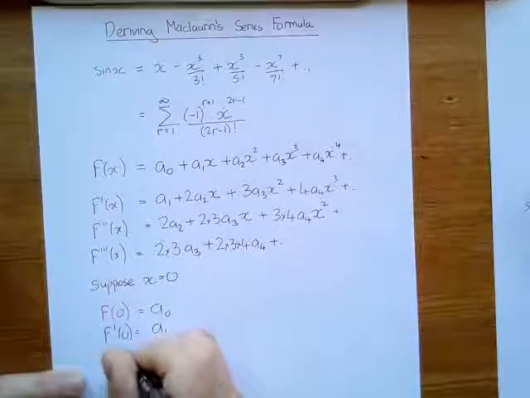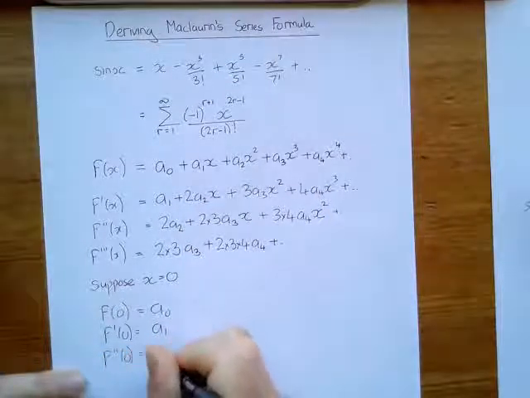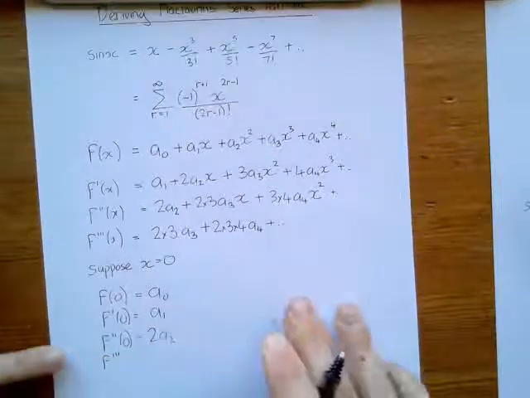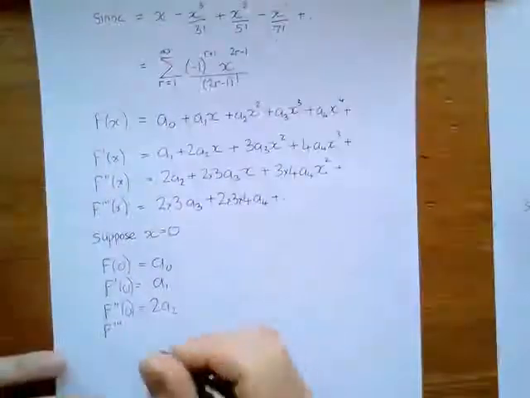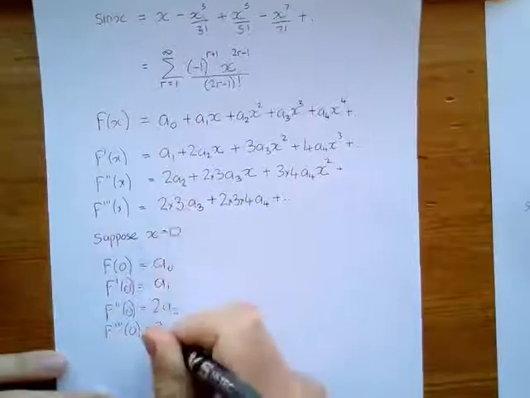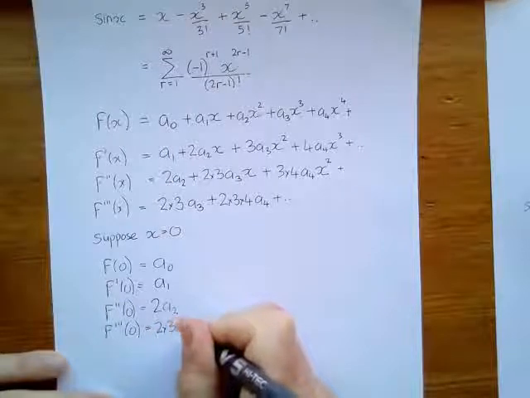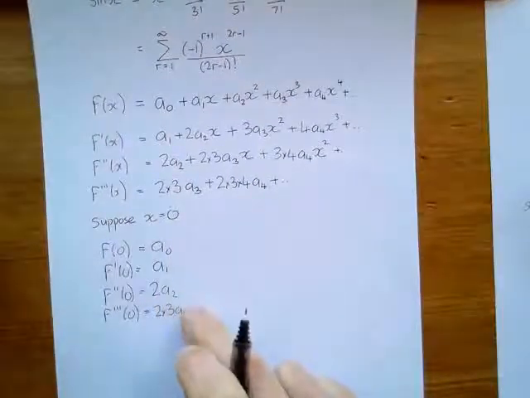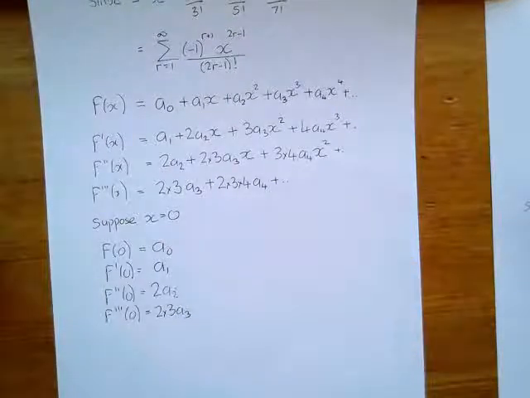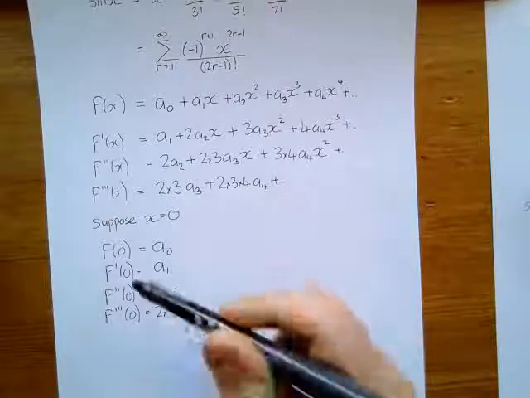F double dash of 0 would be 2 lots of a2, and f triple dash of 0, I'm going off the bottom of the page, sorry, would be 2 times 3, a3. The reason I'm doing this is I'm trying to find a way of expressing a0, a1, a2, a3, a4 as well, etc., in terms of f.